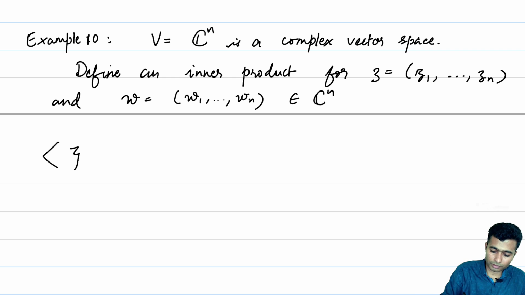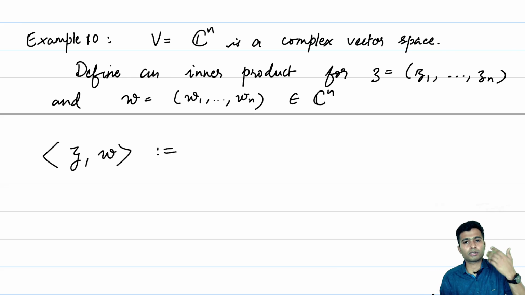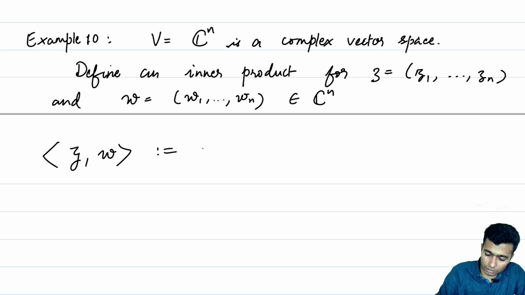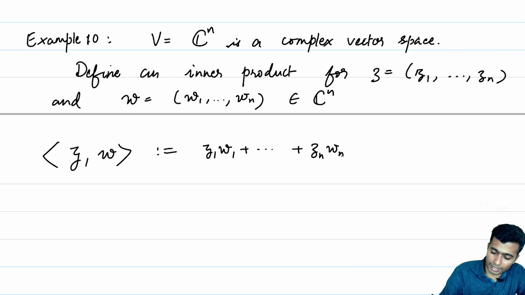Inner product of Z with W is being defined to be, how about we imitate the definition in Rn? This will just turn out to be Z1 W1 plus dot dot dot Zn Wn.